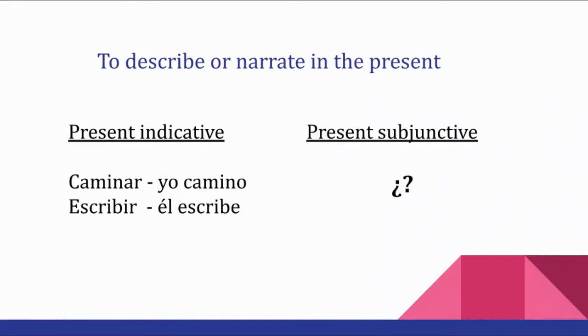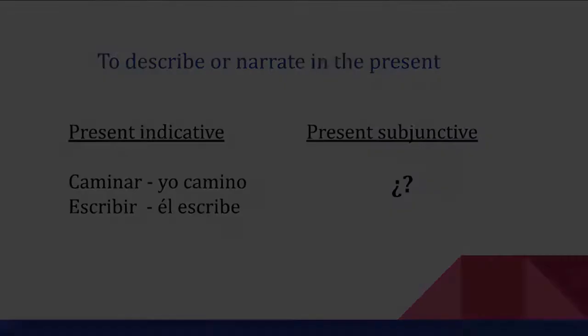So, you have learned since Español 1 how to conjugate verbs in the present indicative. Por ejemplo, caminar es yo camino. Escribir es él escribe. So today we're going to focus on learning about la conjugación del presente subjuntivo.